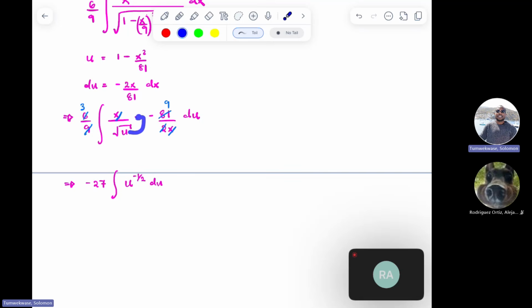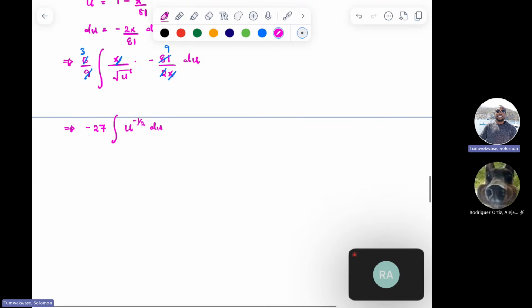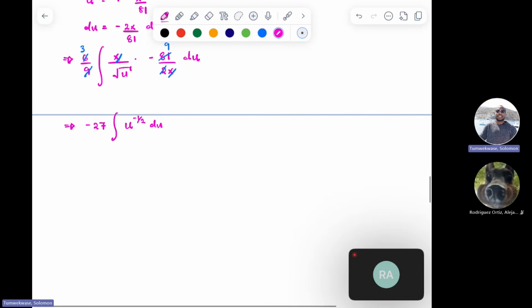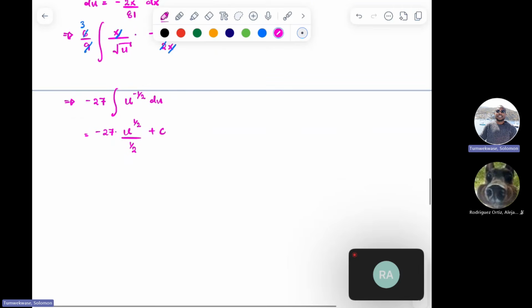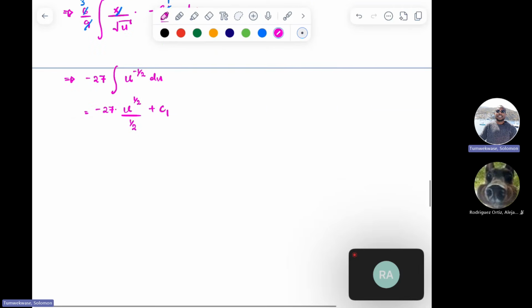If I bring it on top, it will be u to the power negative half. Now, when I take this integral, I'll have negative 27 u to the power 1/2 over 1/2, plus a constant of integration, let's say c1.